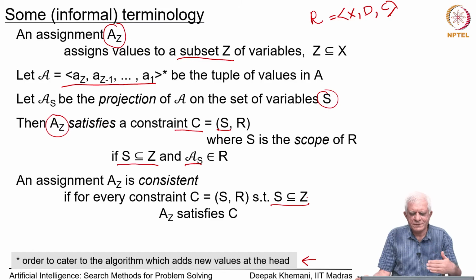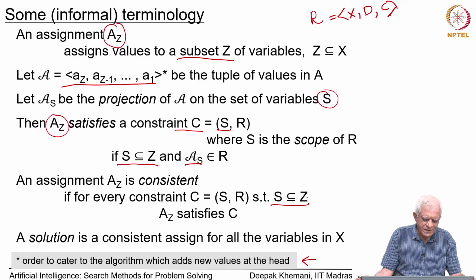We will go variable by variable, try out a value for a variable and see if it is consistent with the assignment which has been done so far, and if we can reach the end, then we have a solution. A solution is a consistent assignment for all the variables in X.